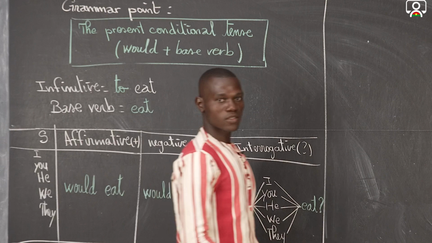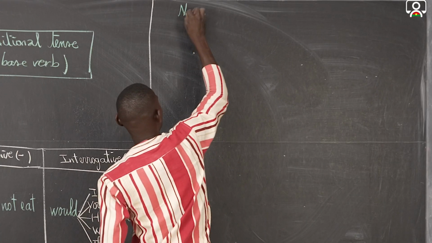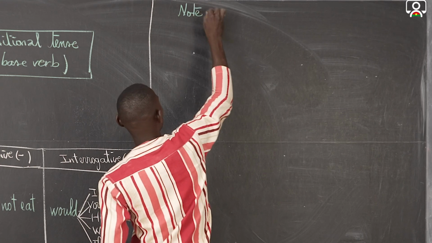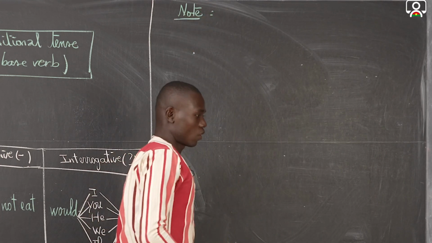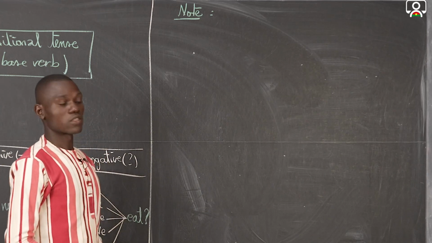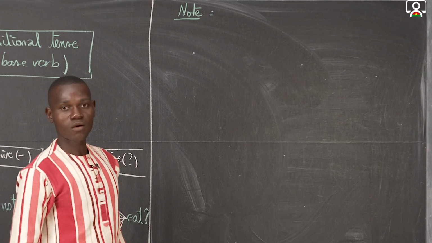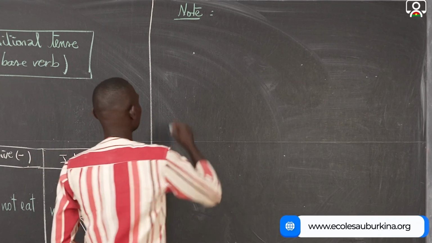Now, let's take some notes. Note. Would is the auxiliary of the simple conditional tense. You can say simple conditional or present conditional.